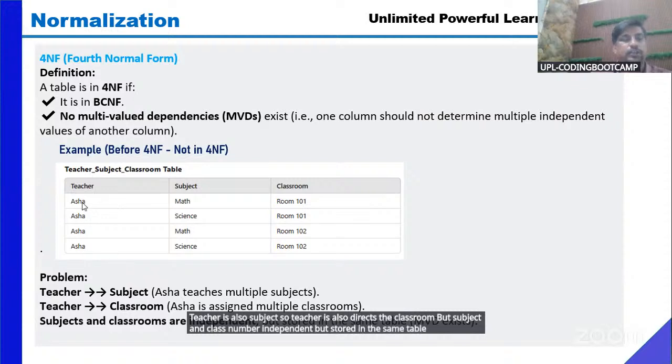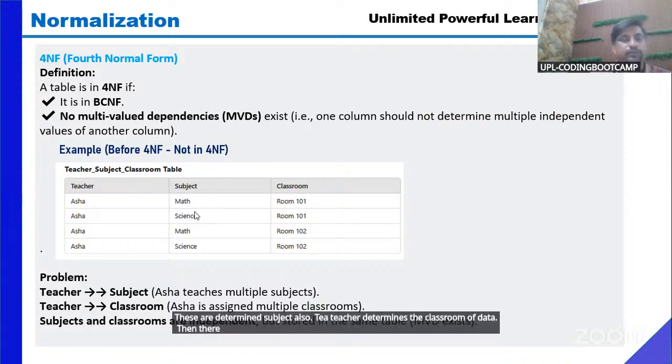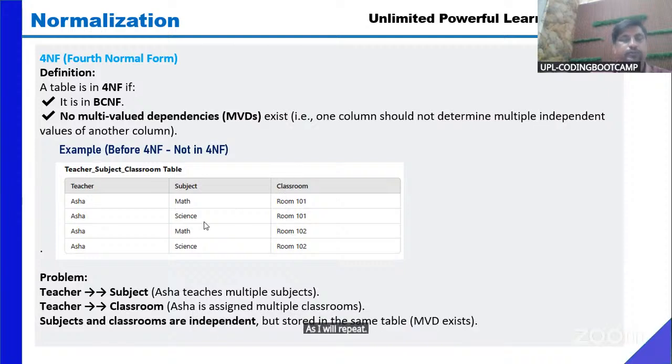Actually, they should have done teacher with subject, and teacher with classroom. But if they keep it in one place, there are multiple values for a single teacher. If there are 5 subjects, Asha will repeat 5 times, and classroom 5 times. 5 into 5, 25 records will come. That is the problem with multi-valued dependency.